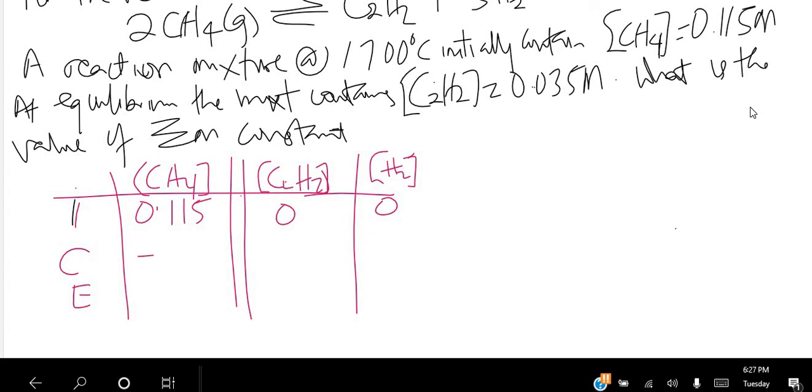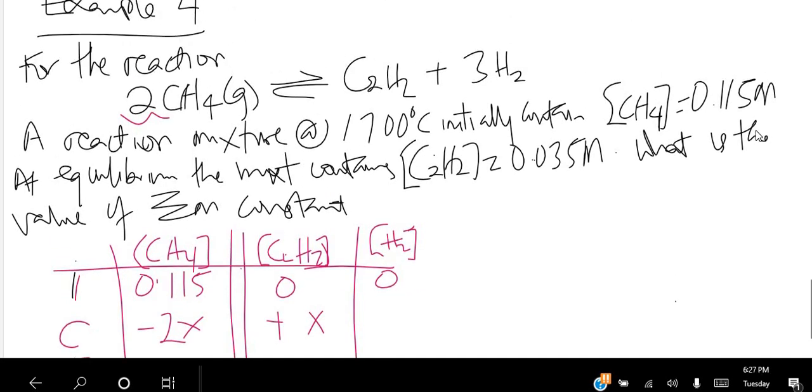But in the question our moles of CH4 is 2, so we have negative 2x. And this is going to be positive x, still 1, because in this equation we have 1 mole.